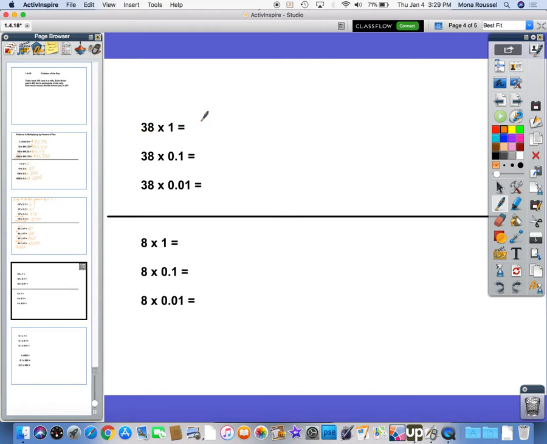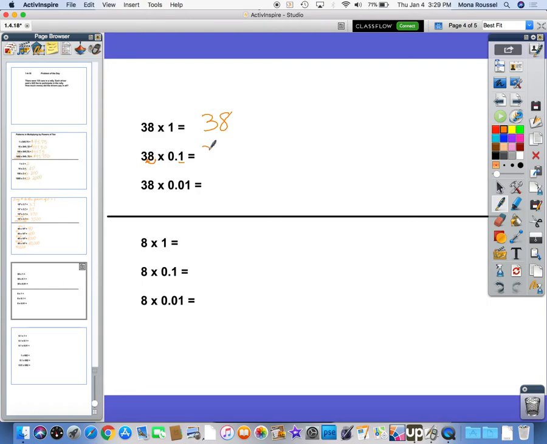Well, here in 38 times 1, we know that number stays the same. That's 38. But here in 38 times 1/10, 38 is a whole number, so we have to remember the decimal starts behind a whole number. We're multiplying it times 1/10, which is the first place behind the decimal, so we move the decimal 1 place to the left.